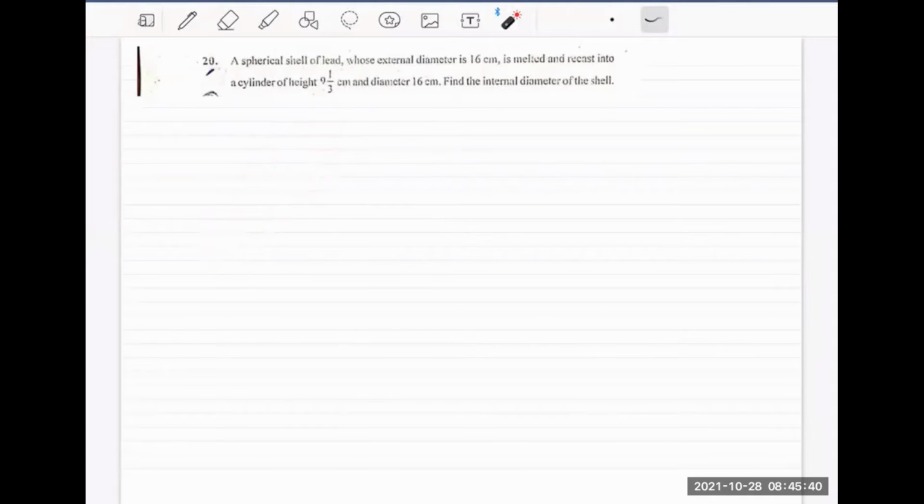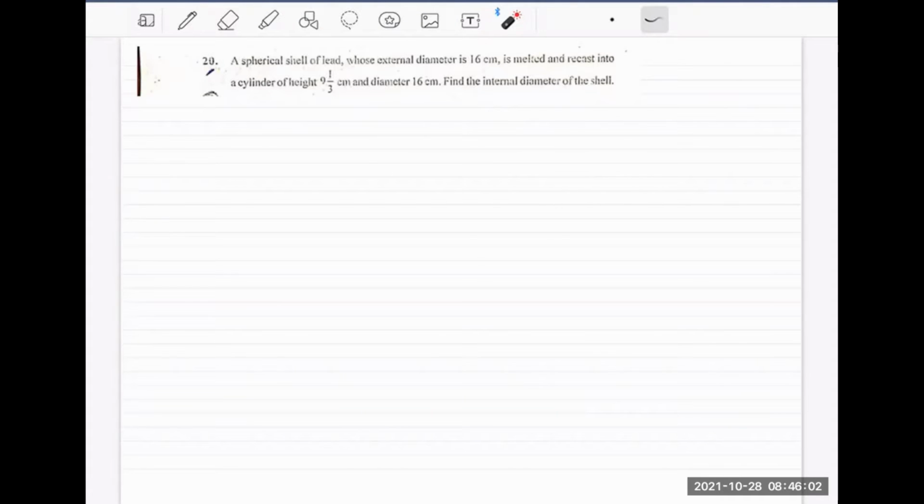So for your batch, for 2022, what you have to do is take every question seriously this time, because we don't know which part we can expect the 5-mark questions from.